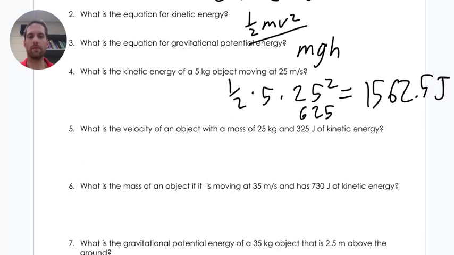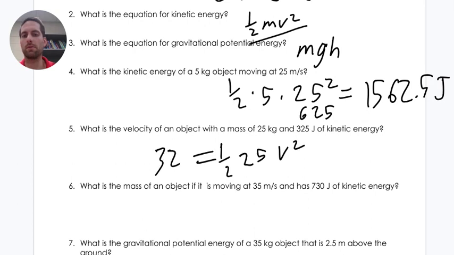Alright, if we want to find the velocity for number 5, we have this mass of 25, 1/2 mass times velocity squared equals 325. So to find that, we're going to find half of 25, so 12.5.